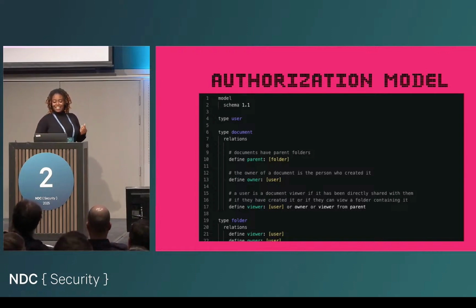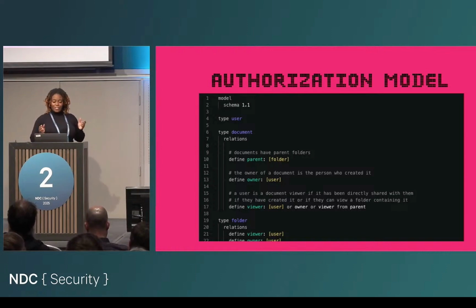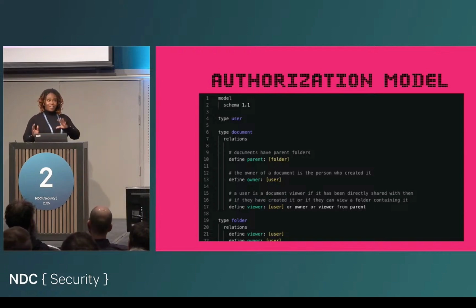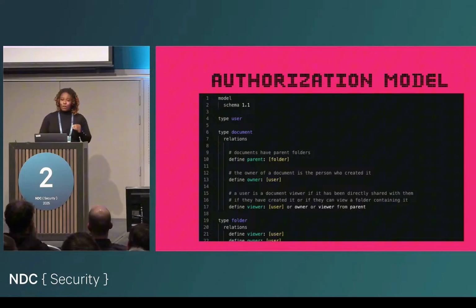What it does is you describe the entities that are relevant when you're making authorization decisions, and relationships. So for example, in line 17, we specify that a user is a document viewer if it has been directly shared with them, if they created it, or if they can view a folder containing it.